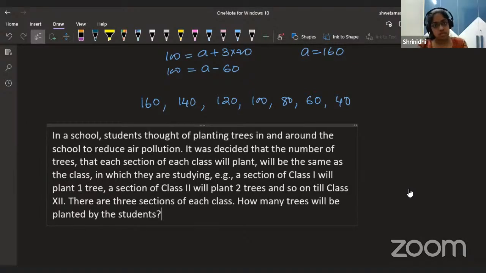Ma'am, will 48 trees be planted? What happened?